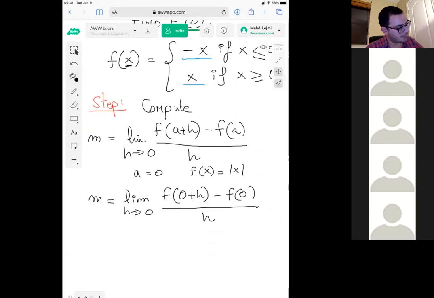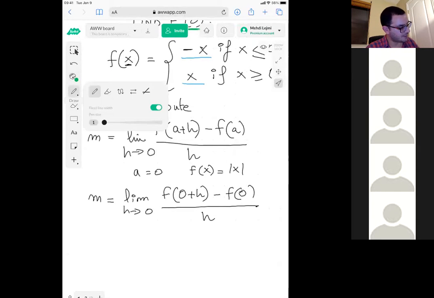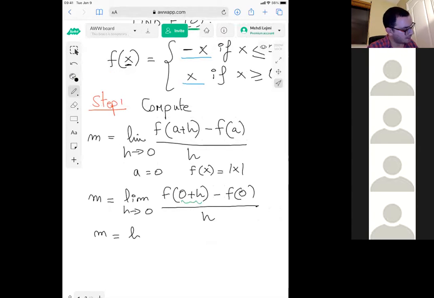Of course, 0 plus h would be h. So my limit is h going to 0 of f of h minus f of 0.